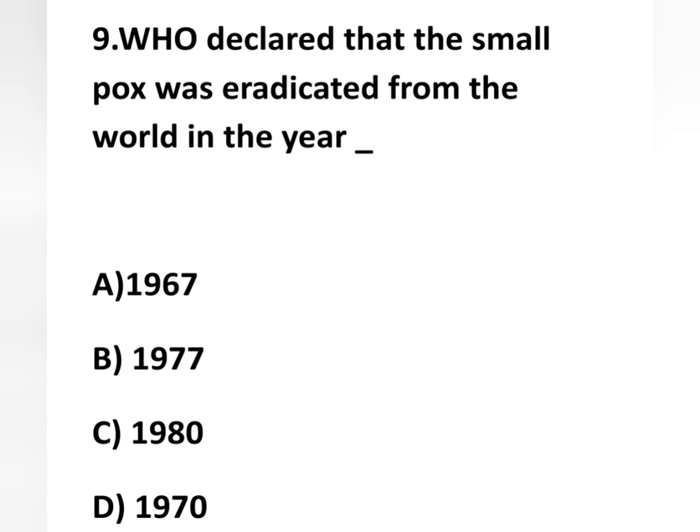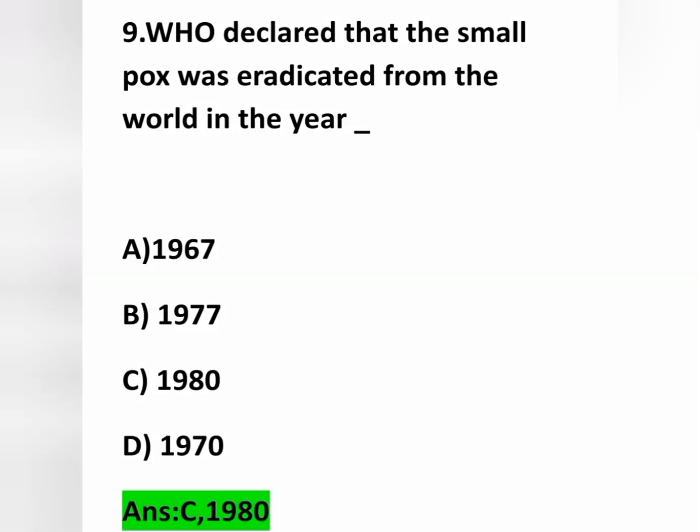Option A 1967, option B 1977, option C 1980 and option D 1970. The correct answer is option C. In 1980, WHO declared that smallpox was eradicated from the world, on 8th May 1980. The previous question was the smallpox eradication program launched by WHO in 1967, and eradicated by 1980.